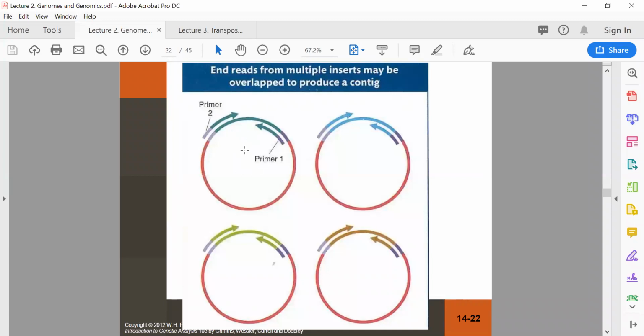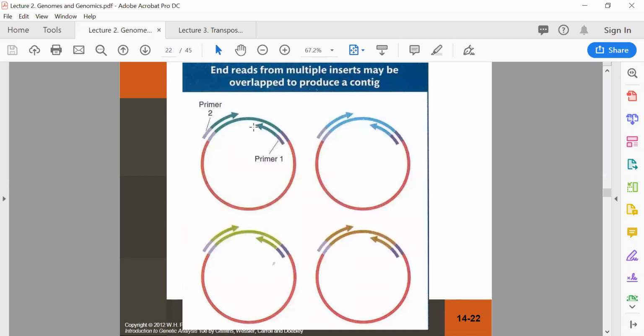Sequencers are very powerful, but they're not so powerful that they can sequence the DNA from one single plasmid. You would need lots and lots of copies of this. So this is your little cut piece of DNA that you've ligated into the plasmid, and then in order for the sequence of that DNA fragment to be read, you would need to use primers, which you can see here.